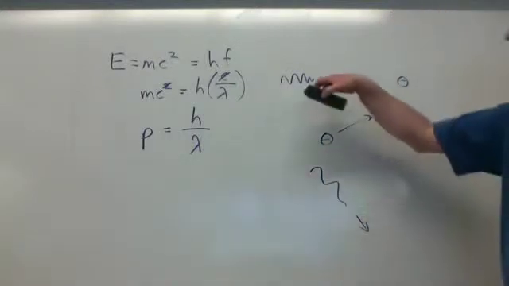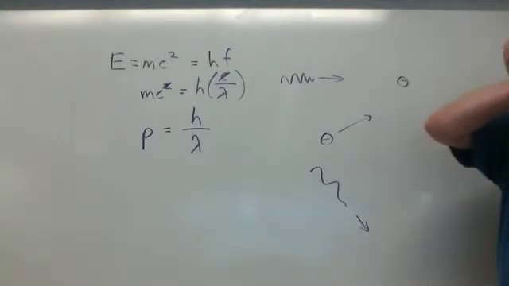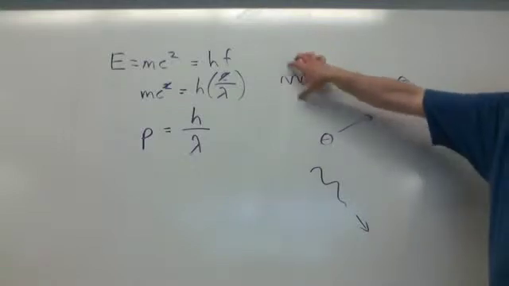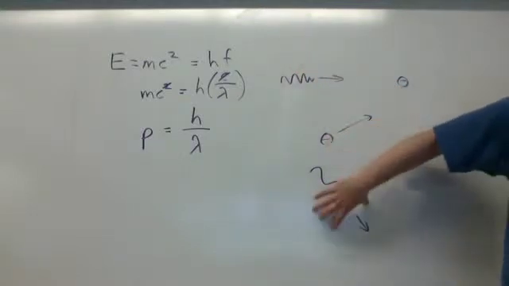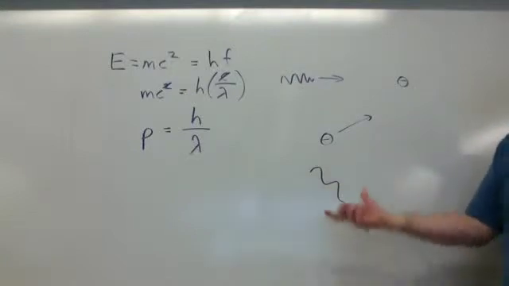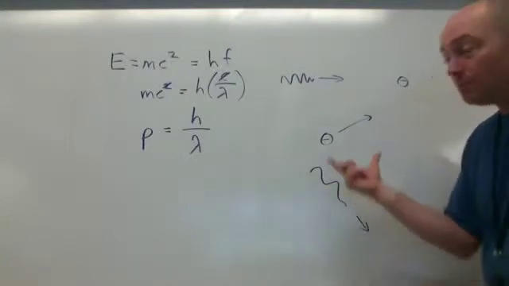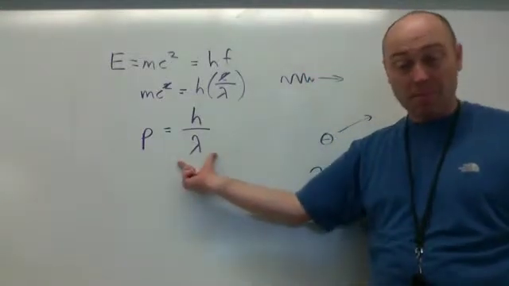Okay, but the momentum before equals momentum after. But you'll notice the momentum before is just the photon, and now the momentum after is the electron plus the photon. Well, that means the photon has less momentum. If the photon has less momentum, this is smaller, which means this has to be bigger.